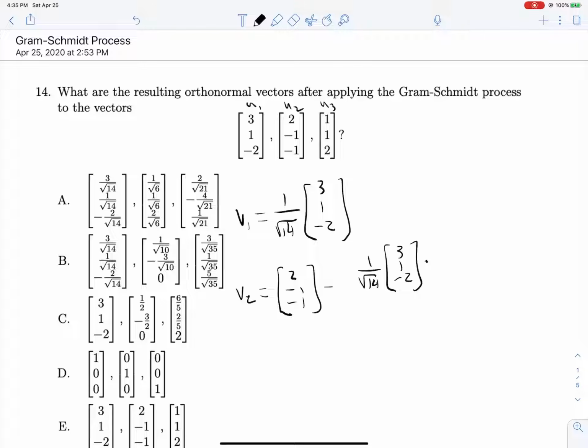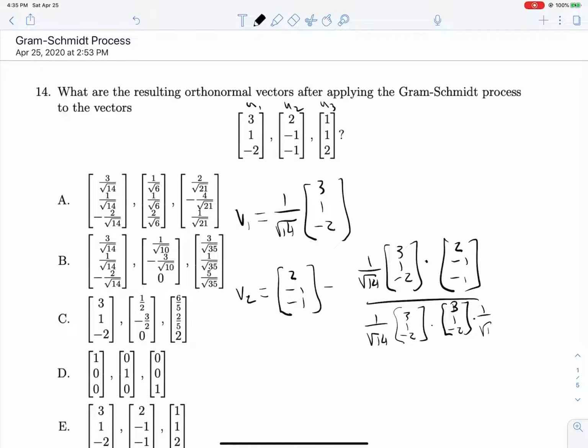We're dotting that with U2, 2, negative 1, over 1 over root 14 multiplied by 3, 1, negative 2, dotted with 3, 1, negative 2 multiplied by 1 over root 14, and then we're multiplying this entire thing by the vector 3, 1, negative 2 multiplied by 1 over root 14.